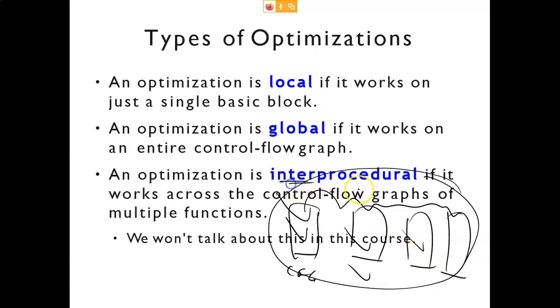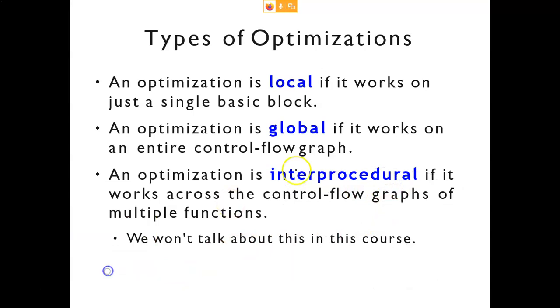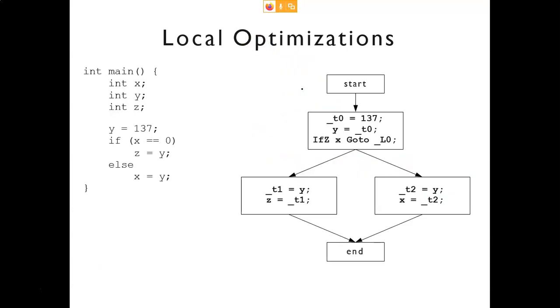That is called inter-procedural optimization. These things are not in the syllabus. Only local optimization is in the syllabus, which means we are doing the optimization inside a basic block.